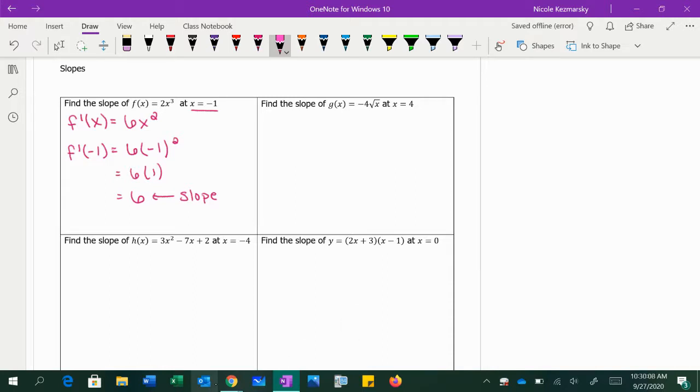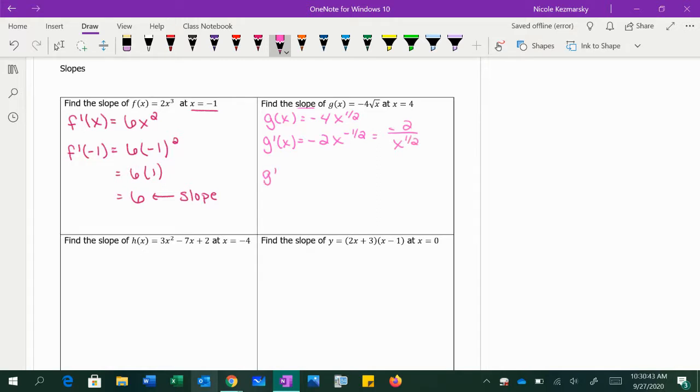Same thing with the next function. With the next function, I see that I have a root, so I'm going to rewrite that as x to the 1/2. And if I want a slope, it says find the slope. Slope says take a derivative. So I'm going to say g prime of x equals -4 times 1/2 is -2, x to the -1/2, which I'm going to rewrite as -2 over x to the 1/2.